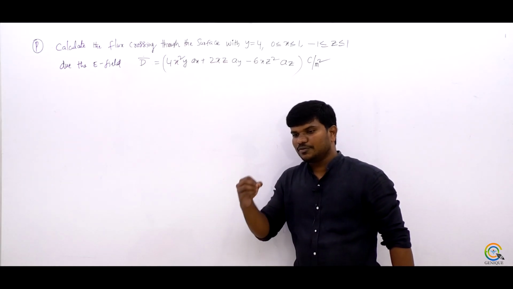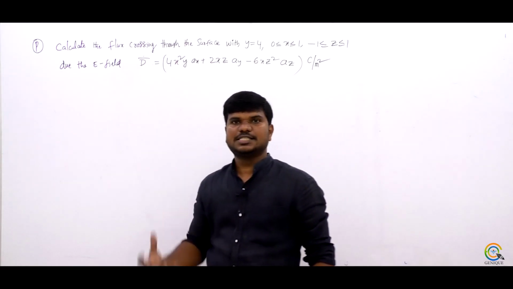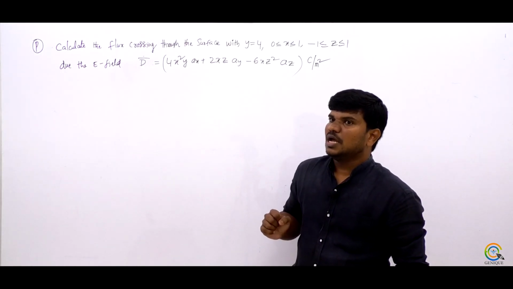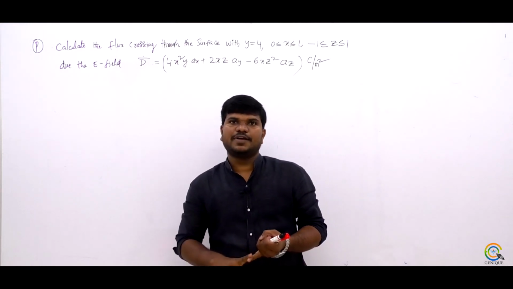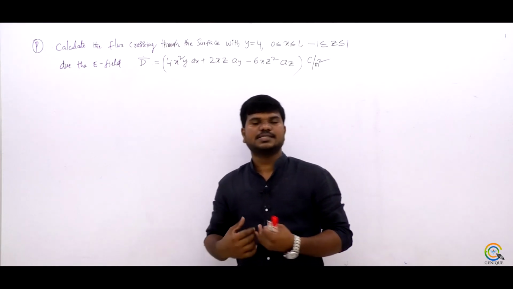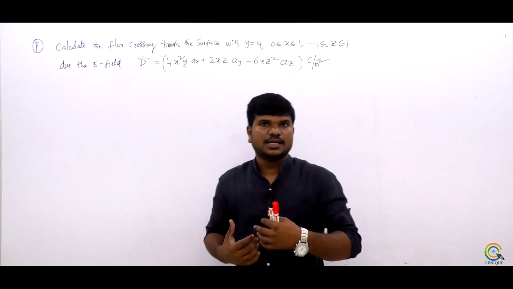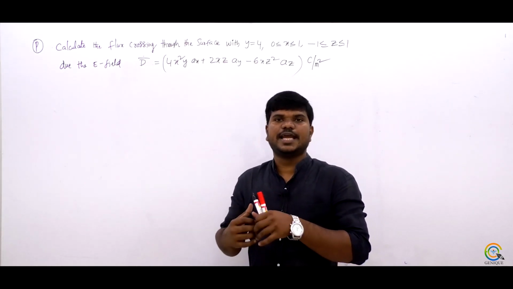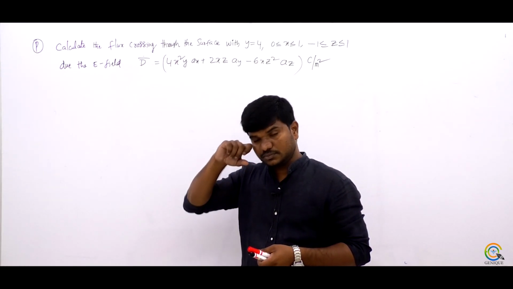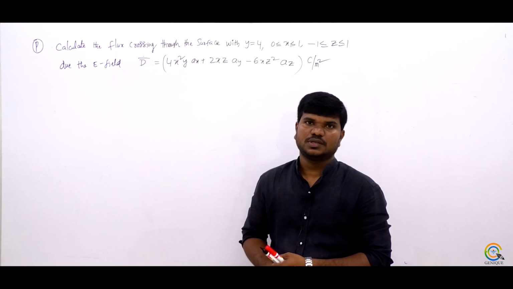Okay, so what is the physical meaning of the divergence expression? Everything we have seen. And also we have seen a very important expression, the Gauss Law. What is the Gauss Law saying? The Gauss Law is saying that the net electric flux leaving any closed surface is equal to the charge enclosed in the volume.